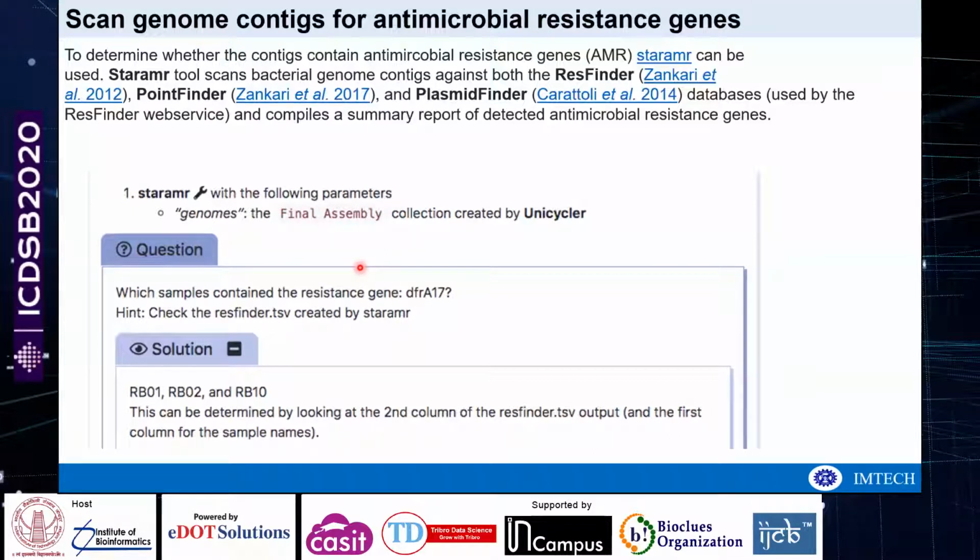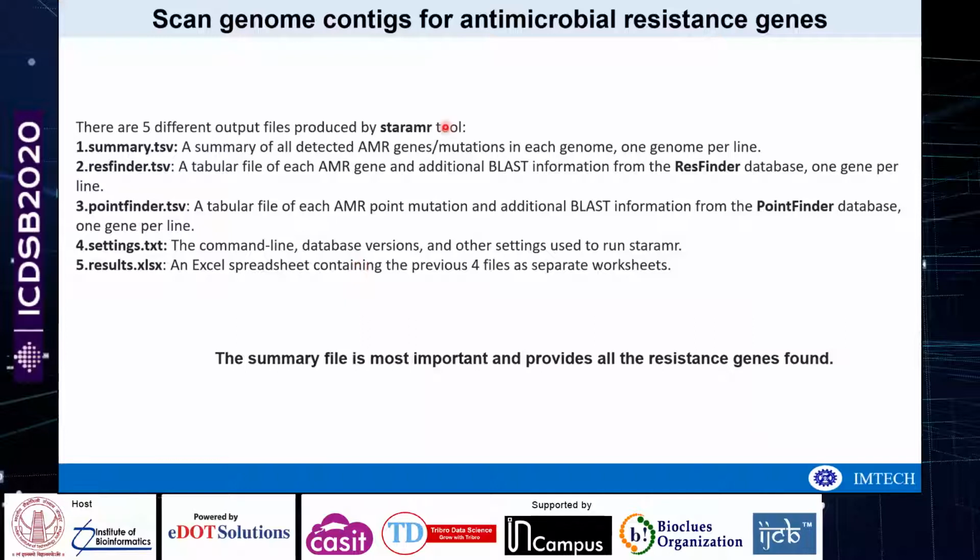So we have run this, and after these steps it generates 5 different output files. The summary.tsv file is a summary of all detected AMR genes or mutations in each genome, one genome per line.